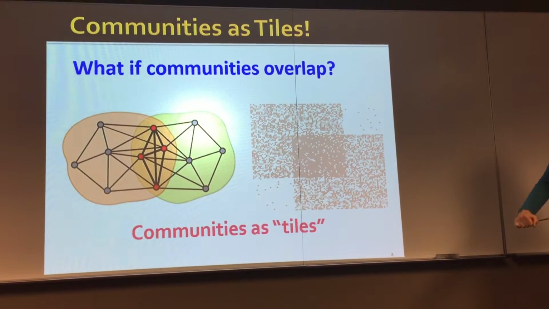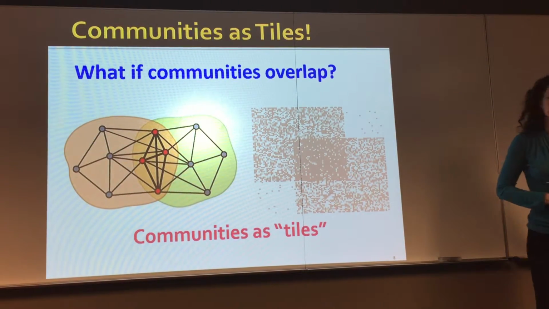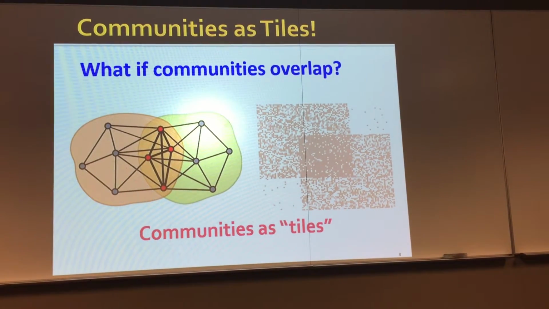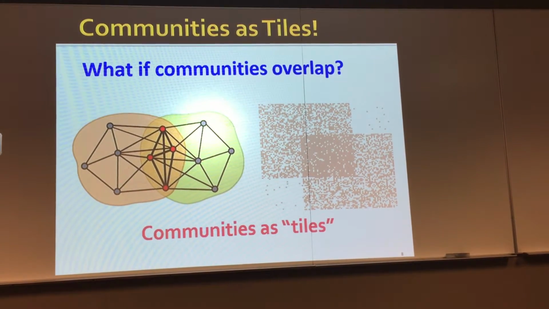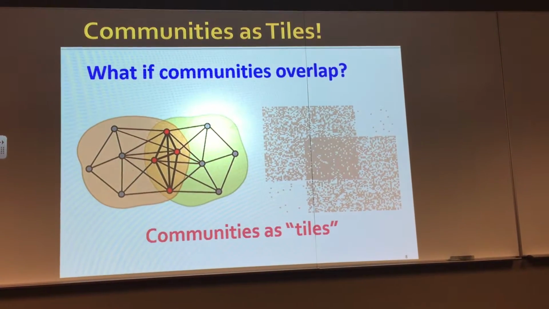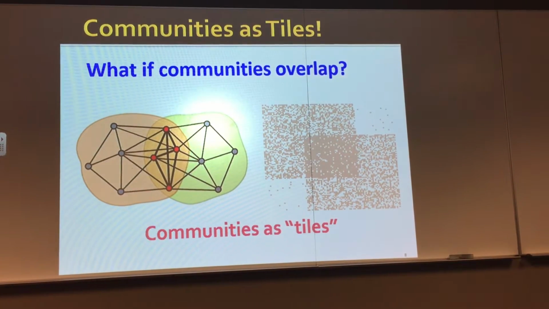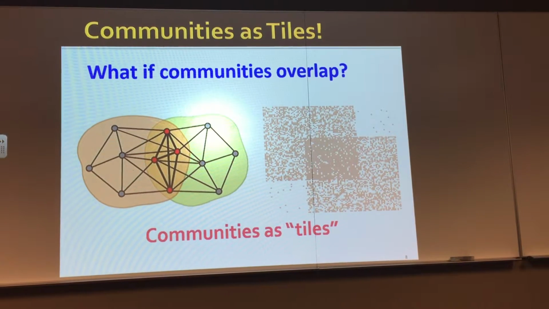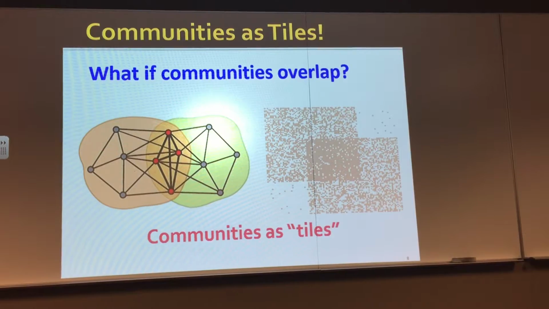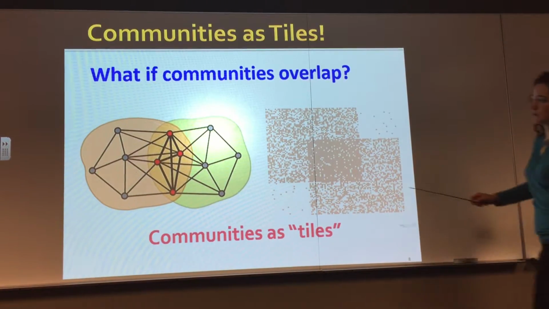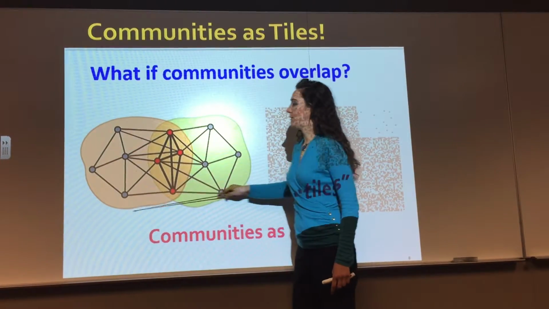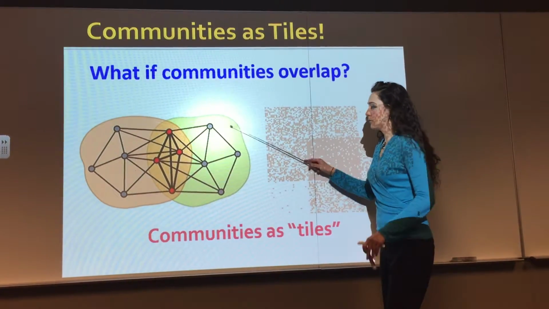But now we have overlapping clusters. The idea is that people that belong to multiple groups are more likely to be friends with each other. In other words, the red nodes are more strongly connected with each other because they belong both to this orange group and to the green group.